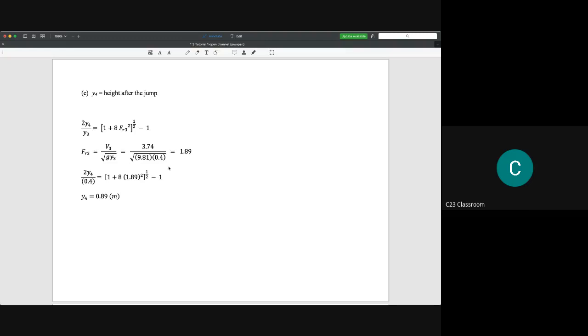Then we need to calculate the height after the jump, and we can calculate this using this equation, which was already introduced to you in a previous slide. You can calculate all of them, and you get Y4 equal to 0.89 meters.